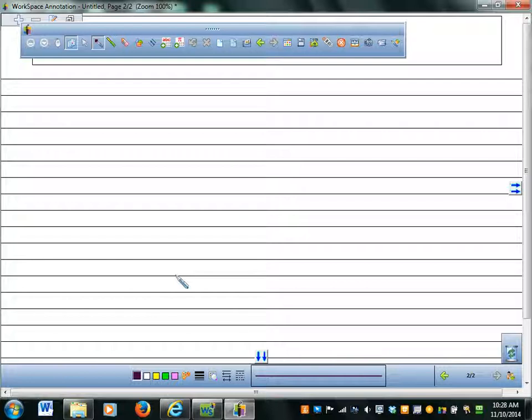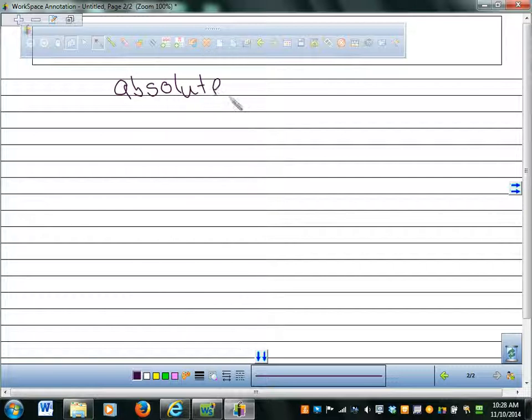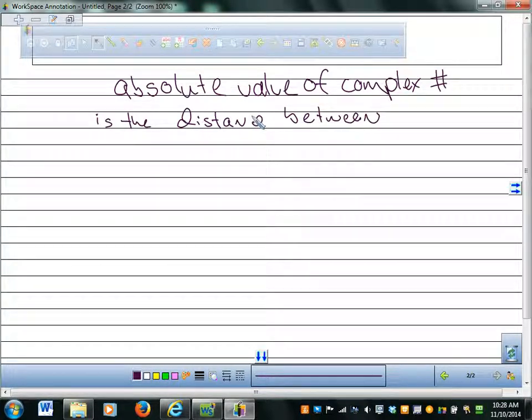So the absolute value of a complex number is the distance between 0, 0 and (a, b).